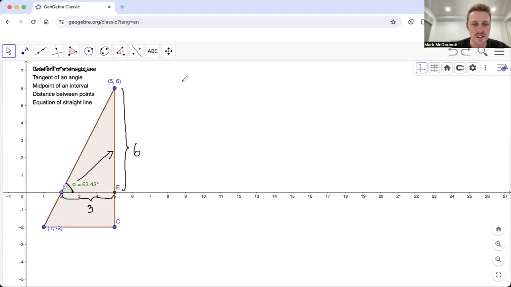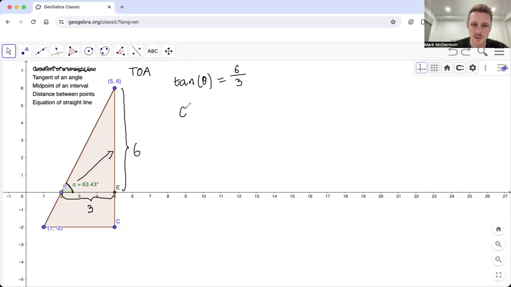Now, if we set up our trig ratio, tan of theta equals opposite over adjacent. So remember TOA, right? Opposite over adjacent, so 6 over 3.